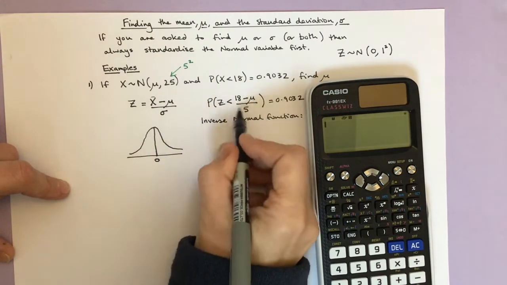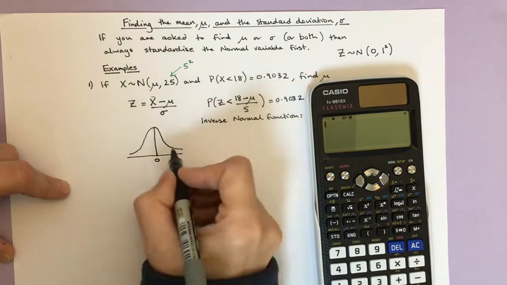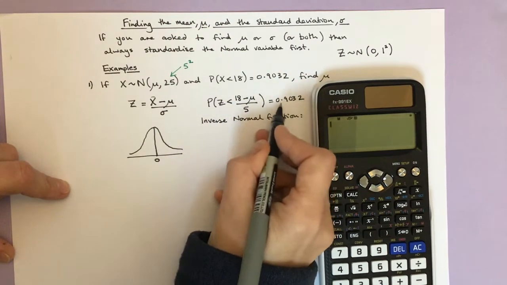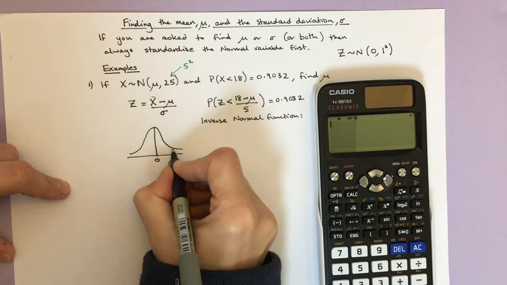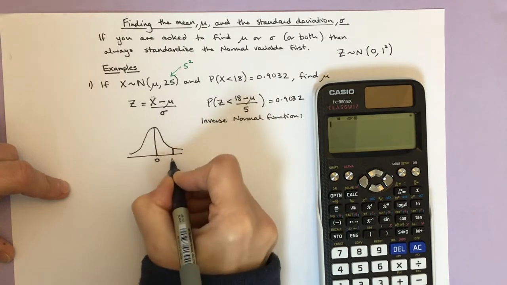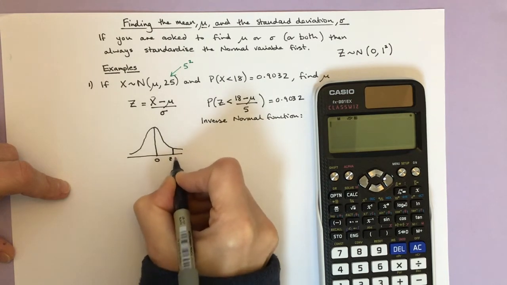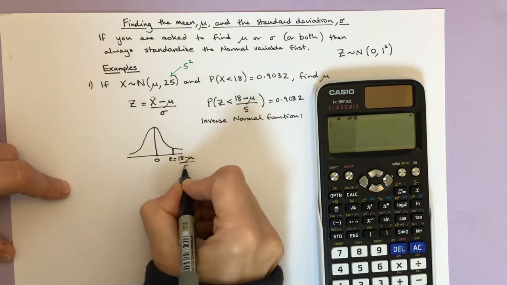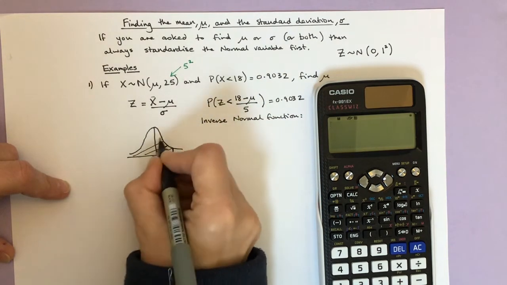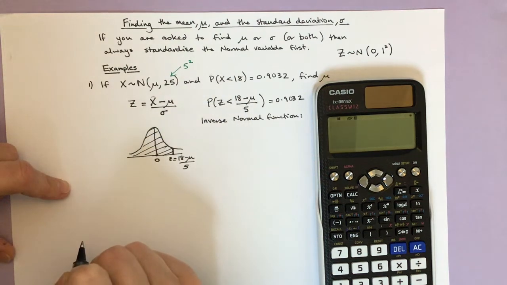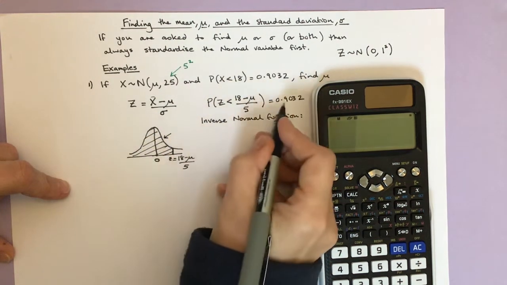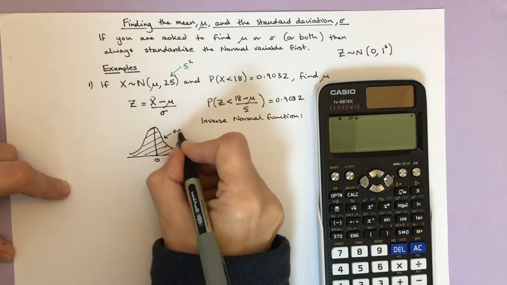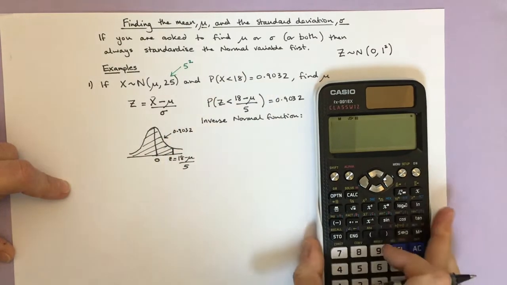And I want to know what this value is of z. That's going to give me an area of 0.9032. So that's going to be somewhere over here, probably a bit higher up actually. But z, what is the z value there? It's our 18 minus mu over 5. And this is the area that is 90.32%, 0.9032.